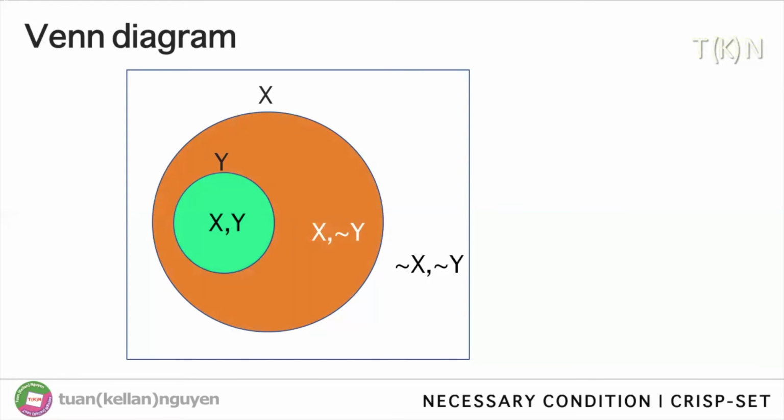These two areas are not relevant to the claim of necessity of X for Y. We also see the rectangle around the circles, the universal set. This diagram does not display any area with cases that display Y but not X, as required by the logic of necessity. Again, only cases that display both X and Y are relevant for the necessity claim.